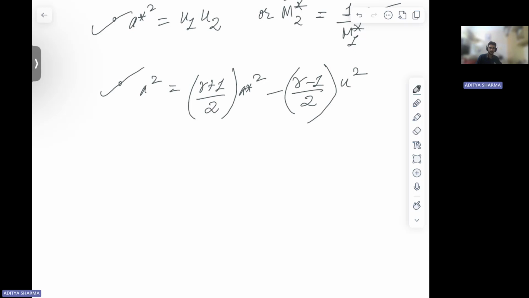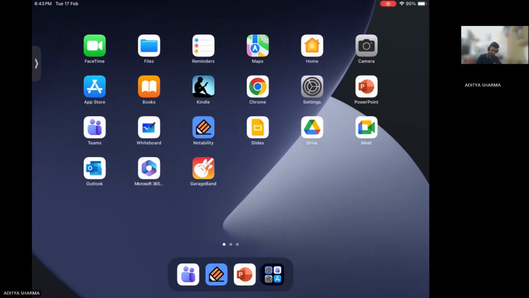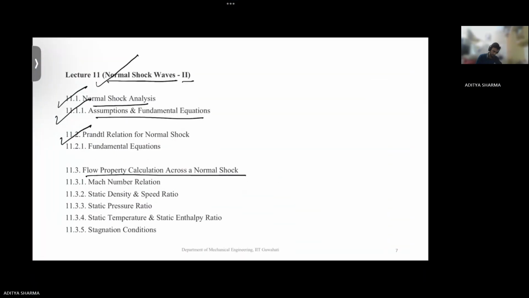The link will be given in the description. Then moving on to flow property calculation across a normal shock.